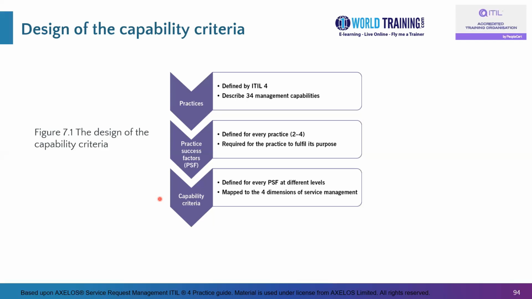So for example, one of the capability criteria could be from value streams and processes, another one from information and technology, yet another one from organizations and people, and then you also have partners and suppliers based criteria. Now, it's possible that not all the 4 dimensions and all the levels of capability are mapped to various criteria, but you will see some of them.